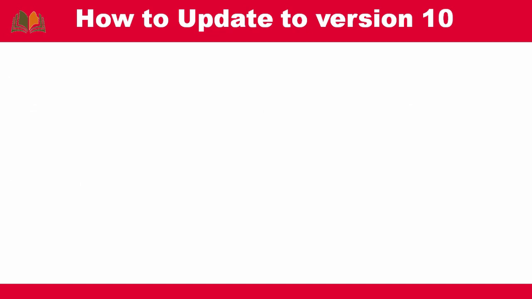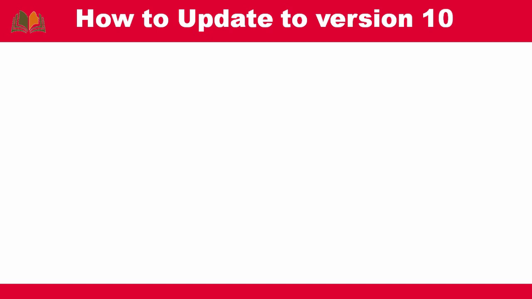Now the last thing is how to upgrade to version 10. Let's say I have an old version like version 9 in my project, but I want to update to version 10 which is available now.